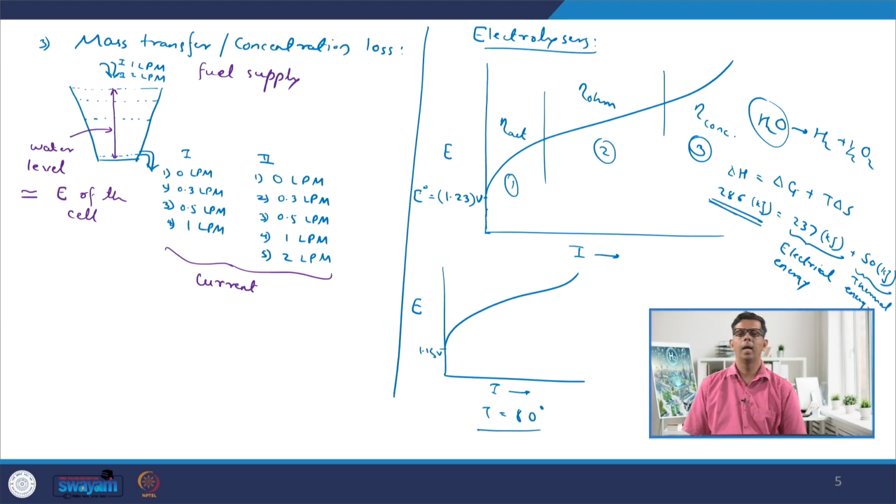What it implies is that the amount of energy supplied to an electrolyzer is a sum of two major energy sources: one is the electrical energy source and the other is the thermal energy source. If we increase the operating temperature of the electrolyzer, or in other words, the temperature at which the water is supplied to the electrolyzer, the electrical consumption, the second portion, will come down such that the total of these two equals the 286 kilojoules.